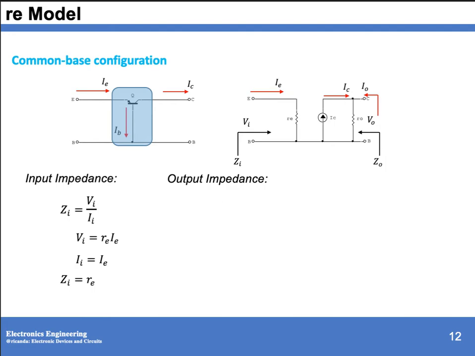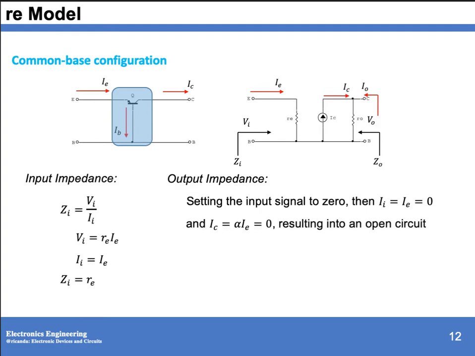Then for your output impedance, we have to set the input signal to 0. So therefore your I_input, which is equivalent to your I_E, is equal to 0. If I_E is 0, therefore I_C is also 0, resulting in an open circuit. So therefore output impedance is equivalent to r_o.